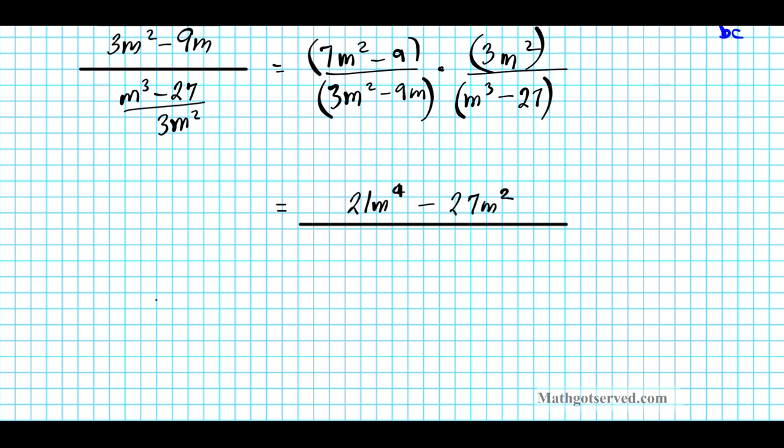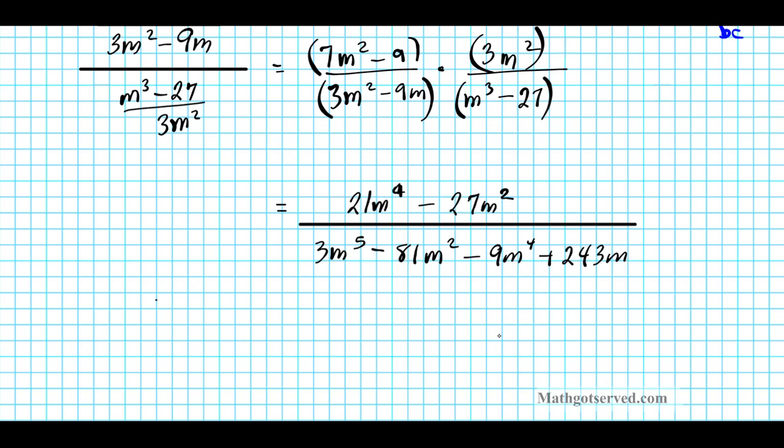We're going to have 3m to the fifth power minus 81m squared minus 9m to the fourth plus 243m.